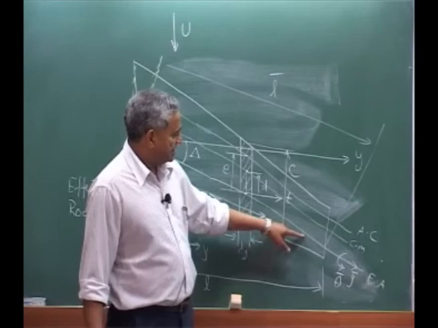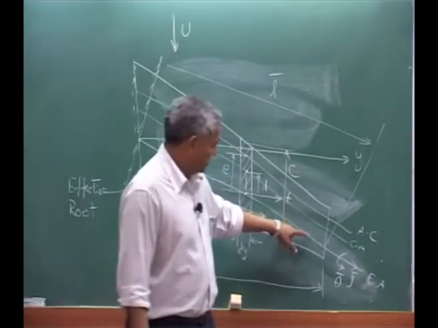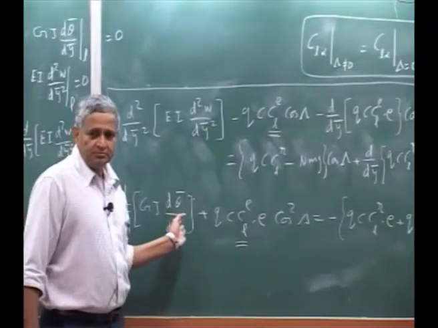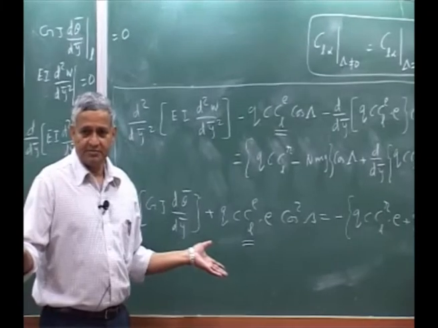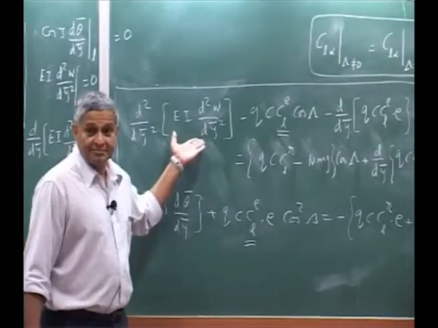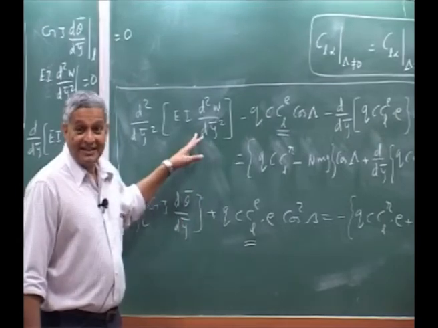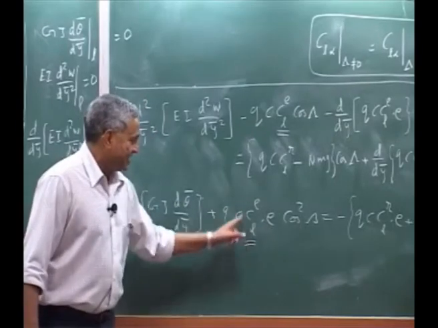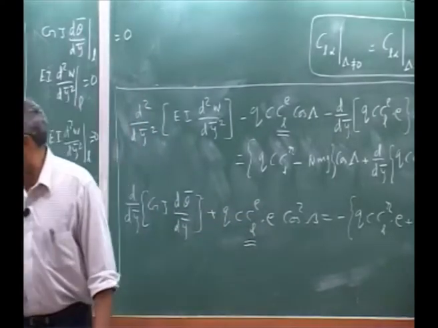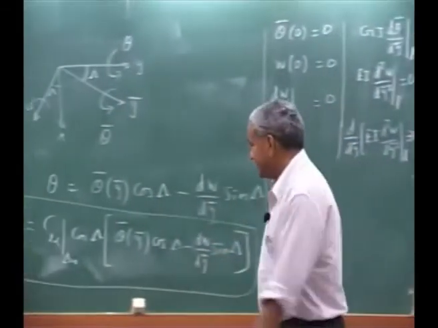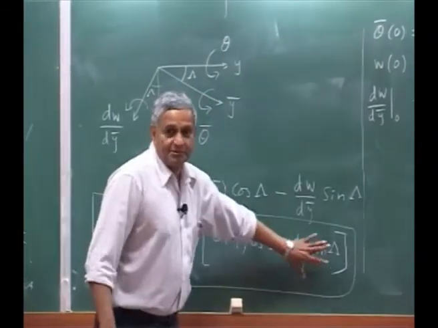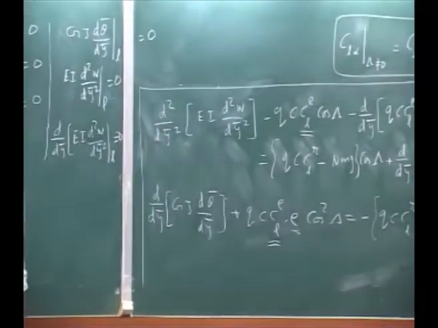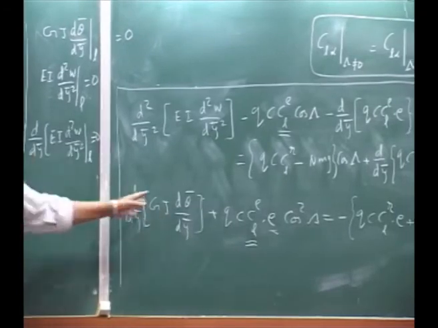The moment the elastic axis coincides with the aerodynamic center, the torsion equation is independent, because torsion is not influenced by the bending part, because this term is 0. Please understand that C_L e is the coupling term. Now in W, because this term itself is 0, therefore it goes off. Therefore I will have the torsion equation.